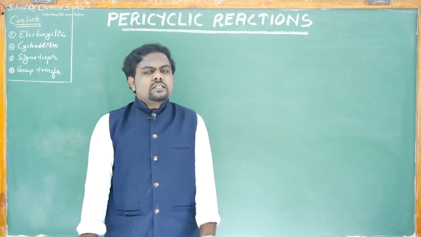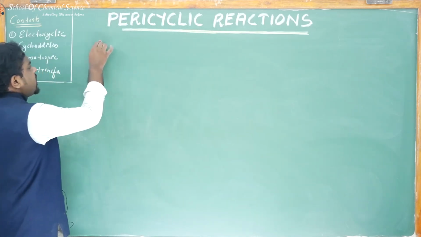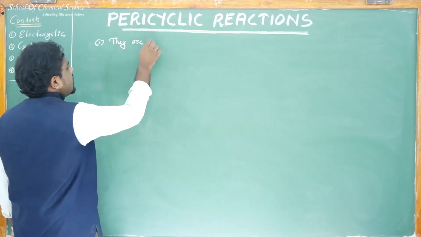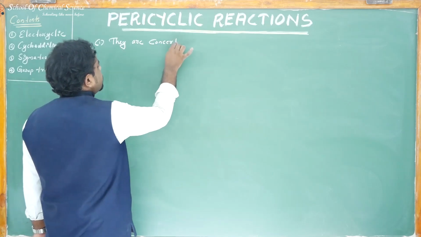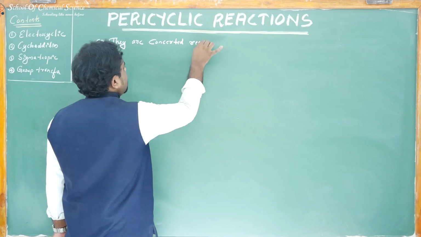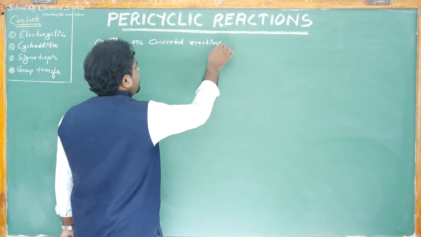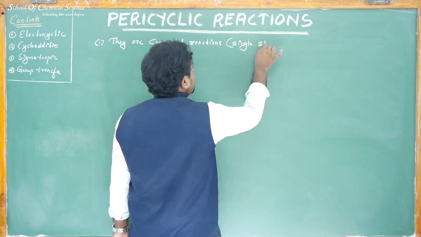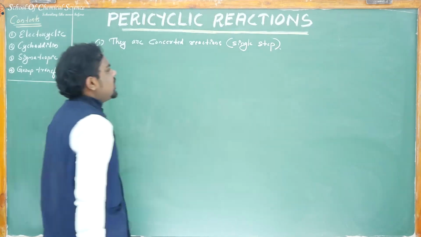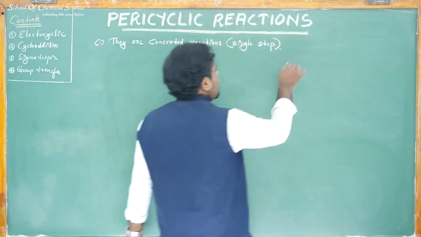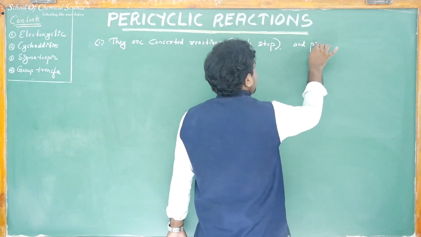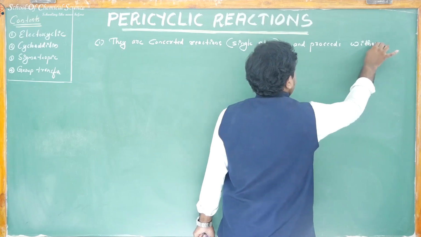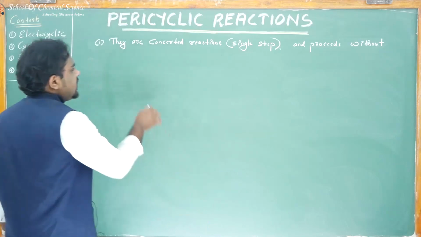But pericyclic reactions, first point, are concerted reactions, which means the reaction takes place in a single step, and proceeds without any intermediate.